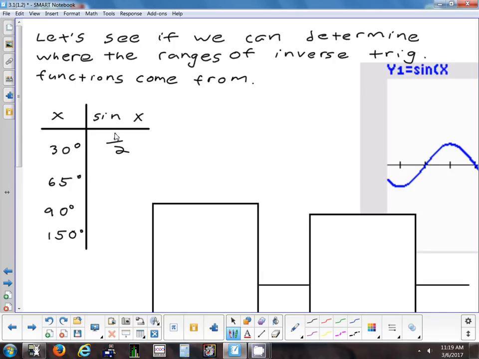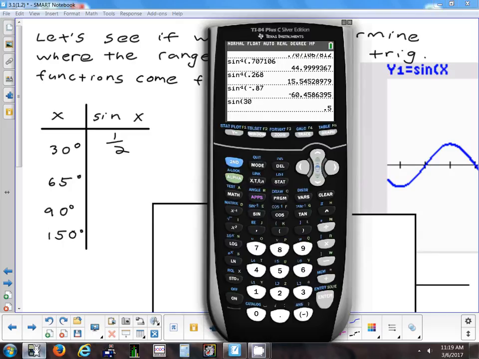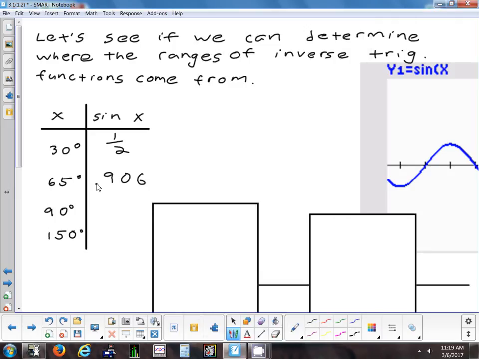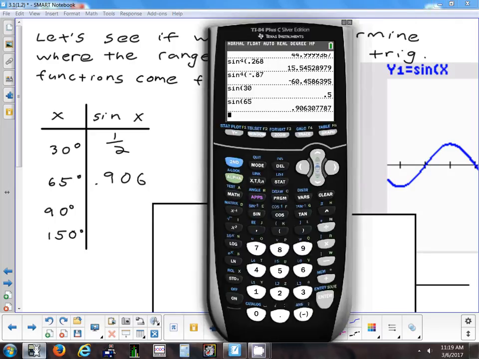I can pick anything I want. I picked these four for a reason. You'll see in a second. Sine of 65 is 0.906. And let's do one more. We'll do the sine of 90. You get 1.